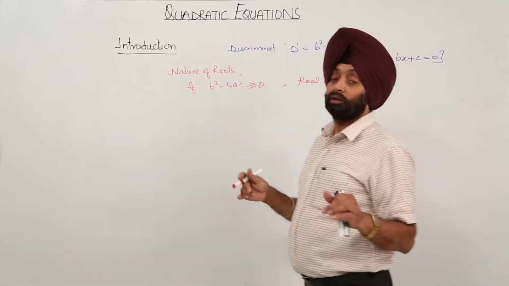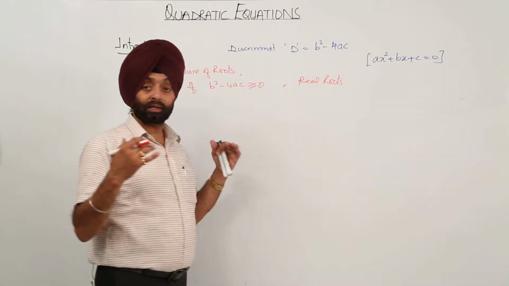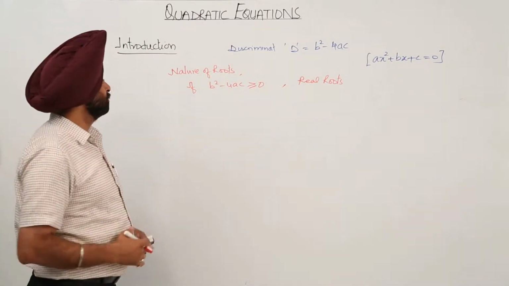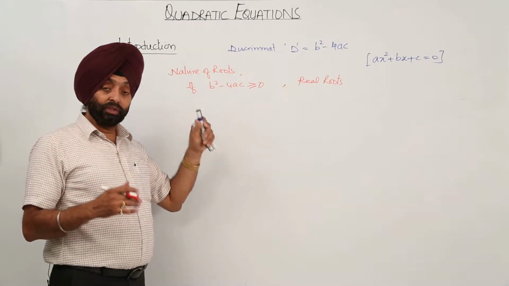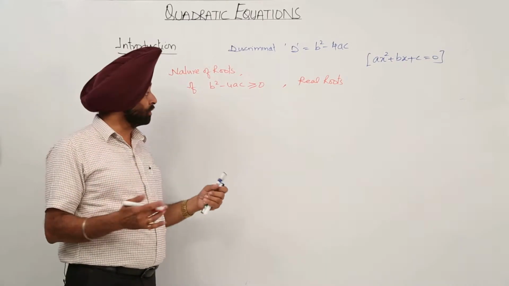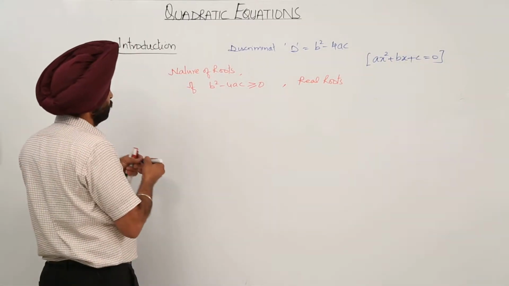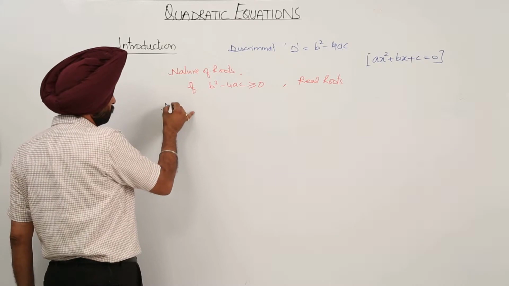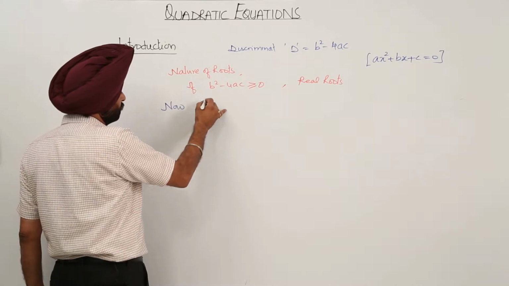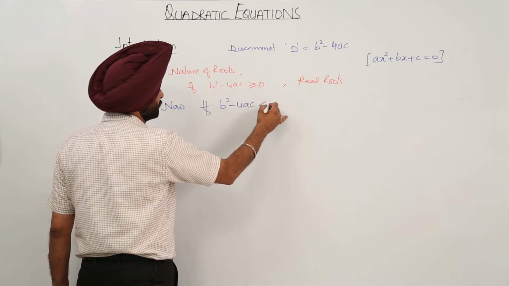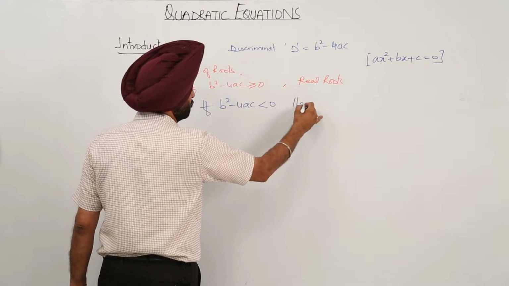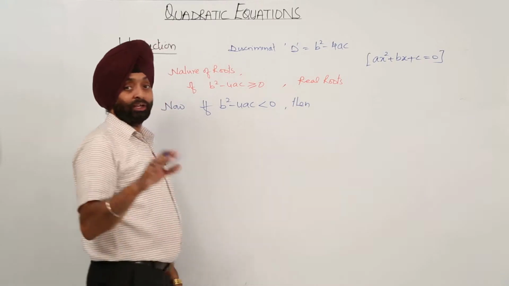Is it clear? Now in this class, we are going to do quadratic equations, but with the third nature. That was what? If b square minus 4ac is less than 0, then we are not going to write that there are no real roots.